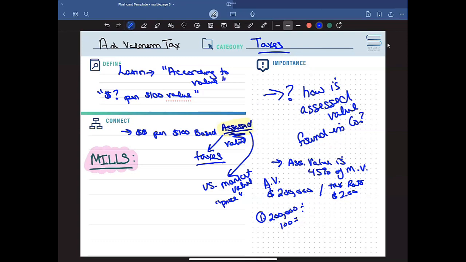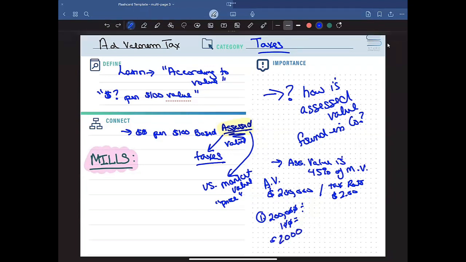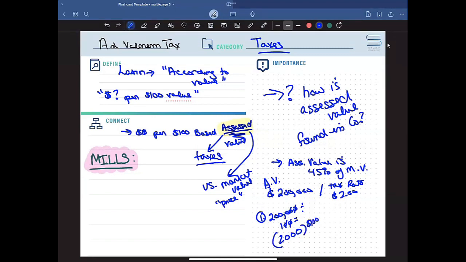There are 2,000 100s in $200,000. Does that make sense? Yes. And we're going to pay $2, so we're going to pay $2 2,000 times. So that's $4,000 would be the tax bill. Yes, that makes sense.